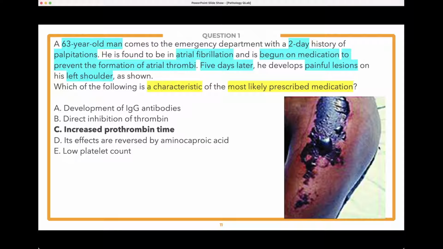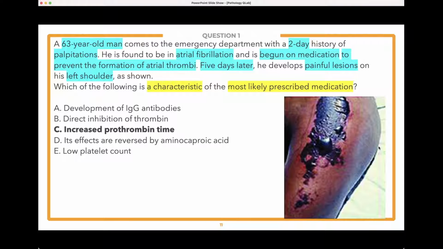Okay. Now, how do we know this is warfarin? How do we know this is warfarin and not another anticoagulant? Well, we're told that even though he started on a medication to prevent thrombi formation, so thinning out the blood, or an anticoagulant, he develops painful lesions as shown below. And what we're seeing there is necrosis of the skin. That is dark black necrosis with some blisters and bullae formation.